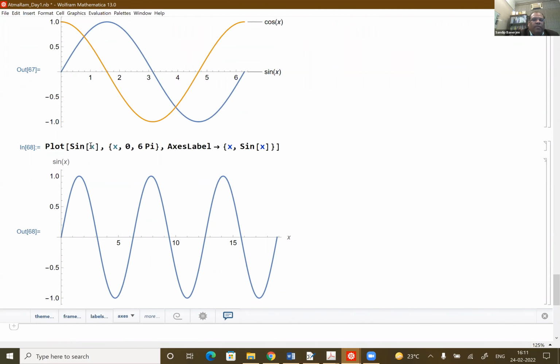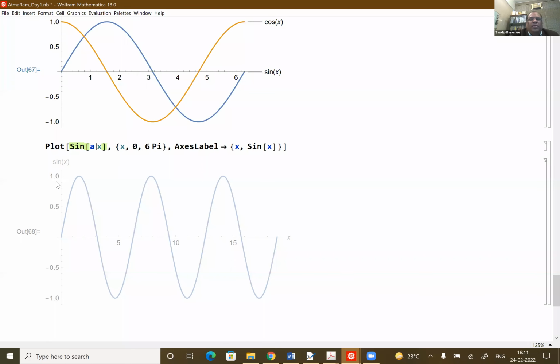For example, I put a here, sine ax. Please be careful here. There should be a gap between a and x. If you write it together as sine ax, you will get an error, because Mathematica is reading this a and x as a single variable, whereas they are different. So you have to give a gap between a and x.